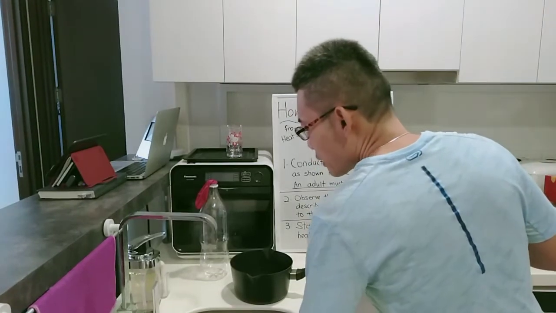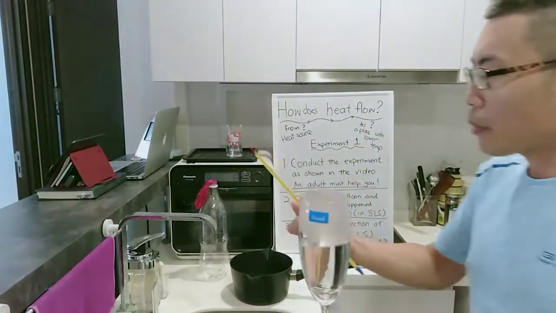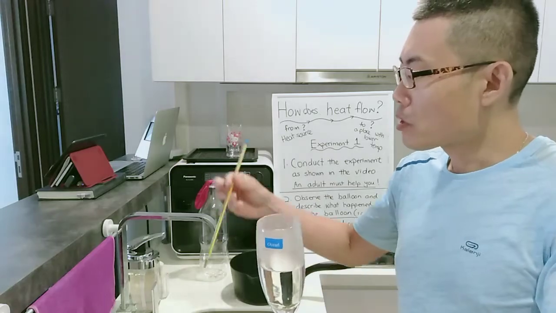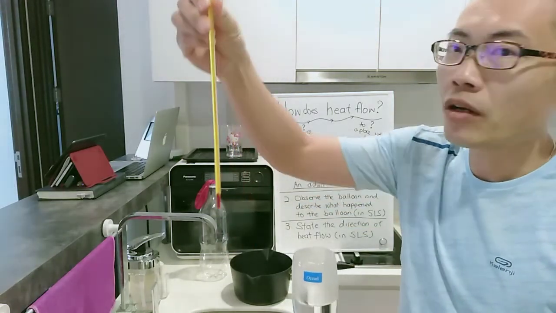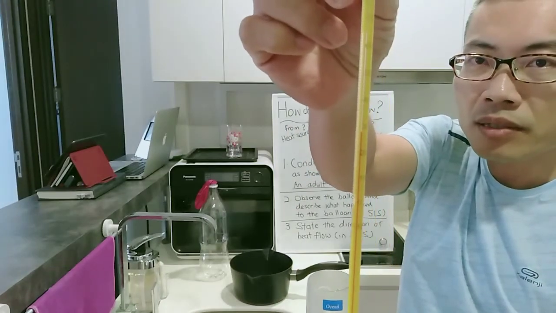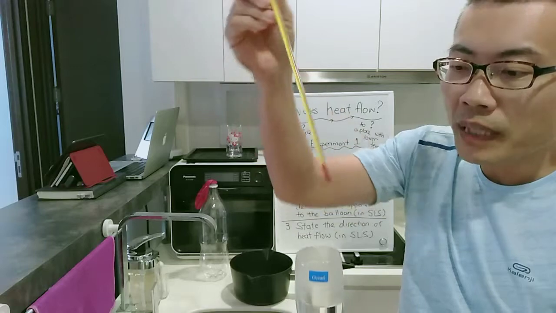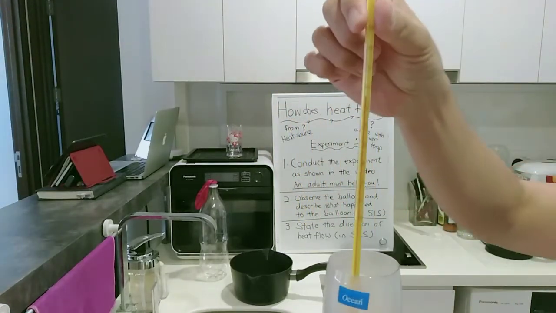I'm sure you can tell that there's some mist that's coming up from my glass of hot water. I'm going to show you the thermometer. So my thermometer here, the reading at first, because I turned on my air conditioning, I'm not sure if you can see it, it's about 28 degrees Celsius. I'm going to put the bulb inside my hot water, and let's see if you can see the reading.